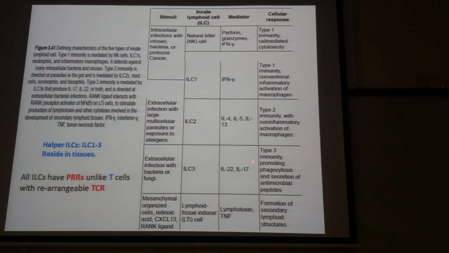And what is type 3 immunity? Type 3 immunity is that it is not going to go for a cell-mediated response like killing the cell directly. Rather, indirectly, it would just promote phagocytosis of that particular pathogen and secretion of certain antimicrobial peptides that can also do the job. We call this type 3 immunity.